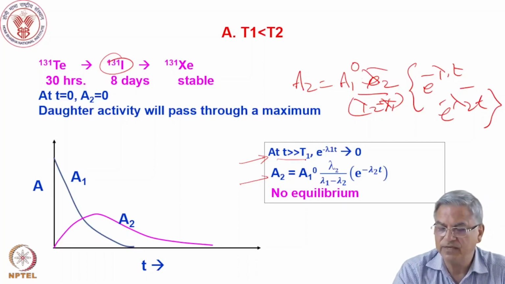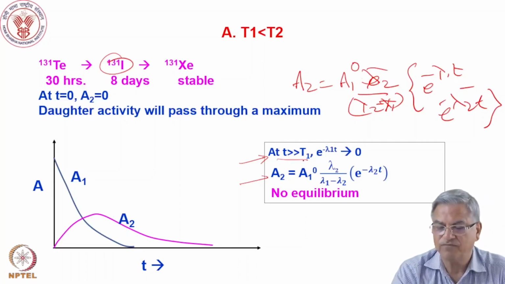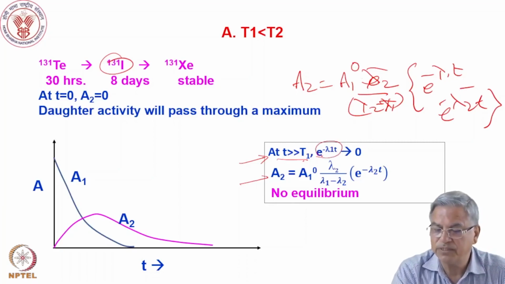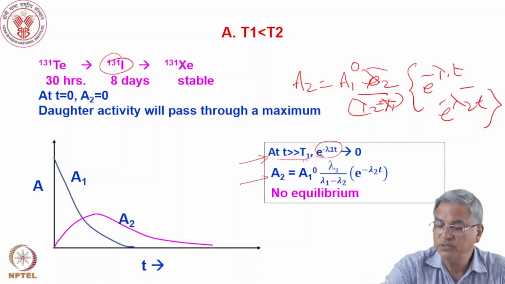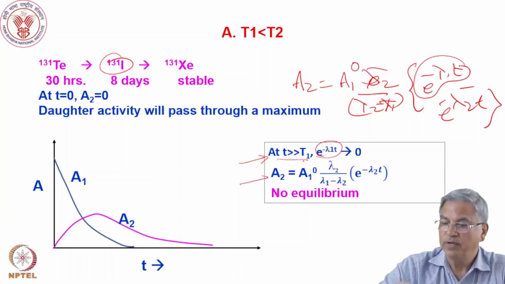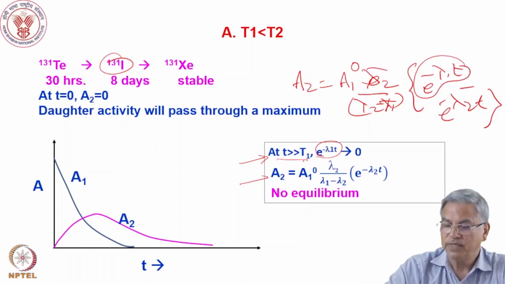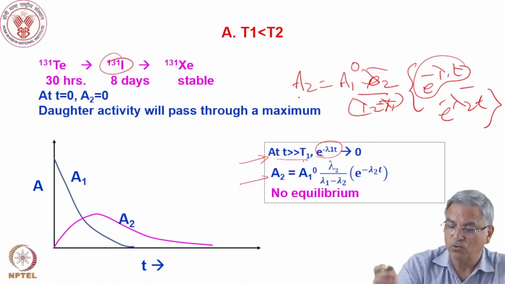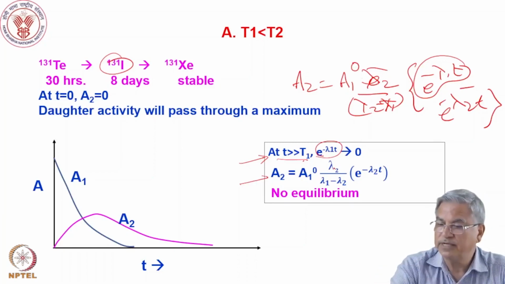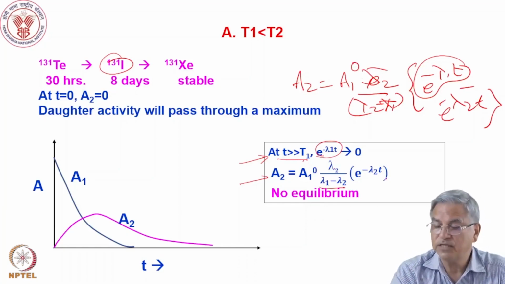When t is very high compared to half-life of parent isotope, then this e raised to minus lambda 1 t tends to 0. So that means this term becomes 0. When this term becomes 0, then the activity of daughter will change as A10 lambda 2 upon, now that negative sign you can bring here, lambda 1 minus lambda 2, times e raised to minus lambda 2 t.